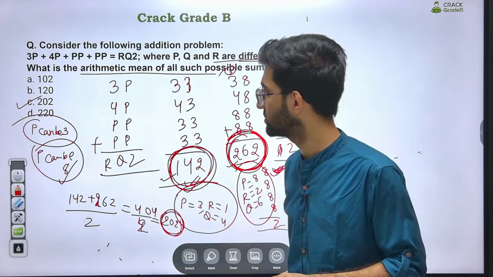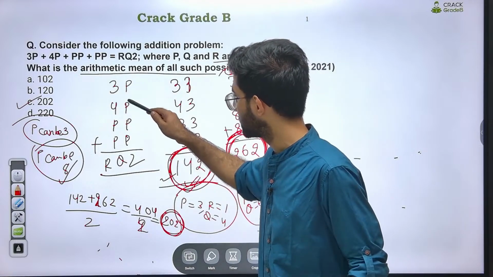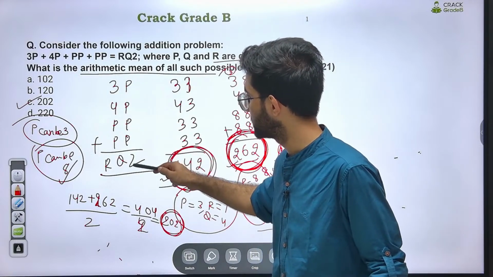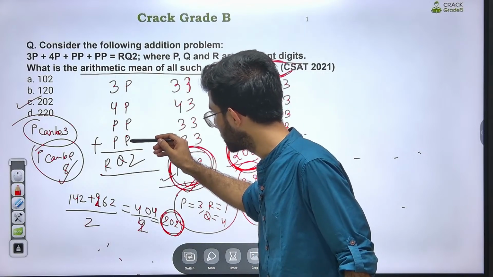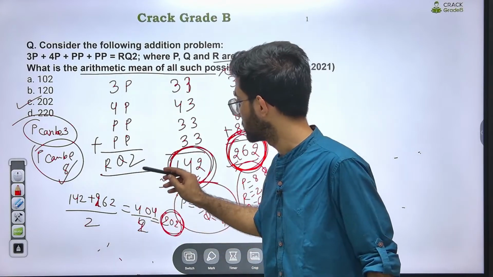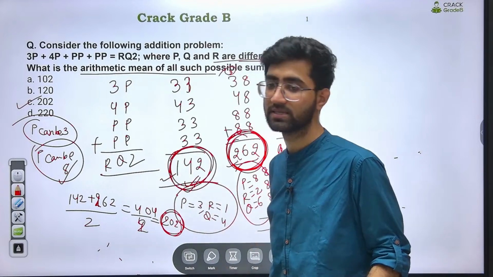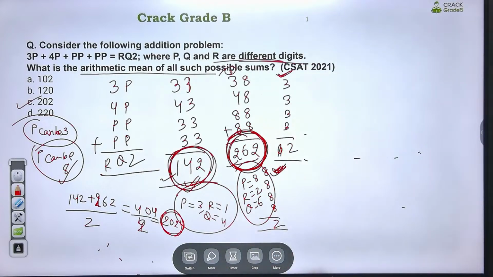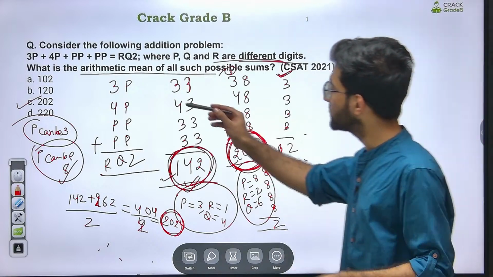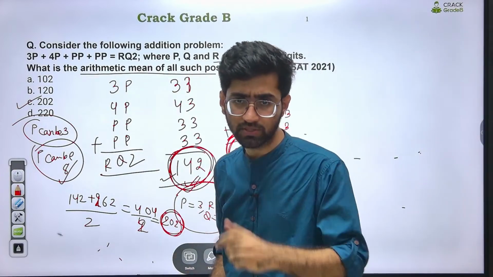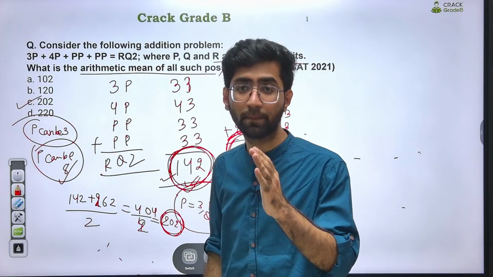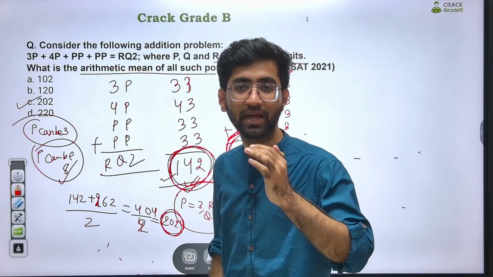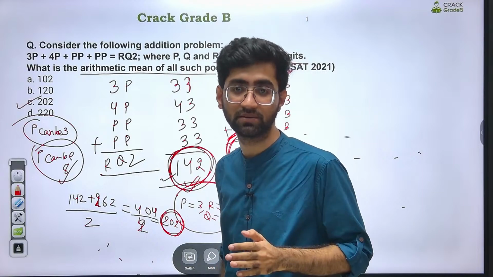So how did we solve this question? It was given that 3P plus 4P plus PP plus PP is RQ2. So basically if you add P four times, you should get 2 at unit place. So we thought that P can be from 0 to 9. Then we started to put the value of P as 0, 1, 2, 3, 4, 5, 6, 7, 8, 9.